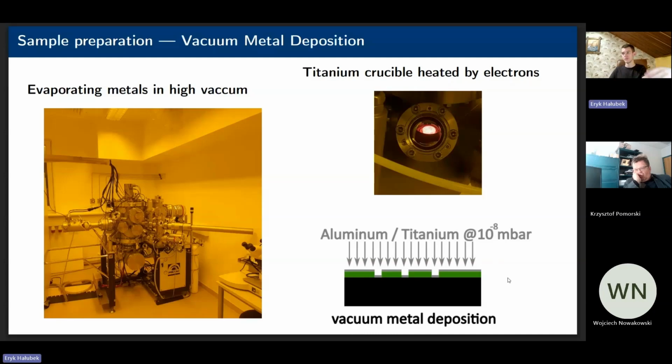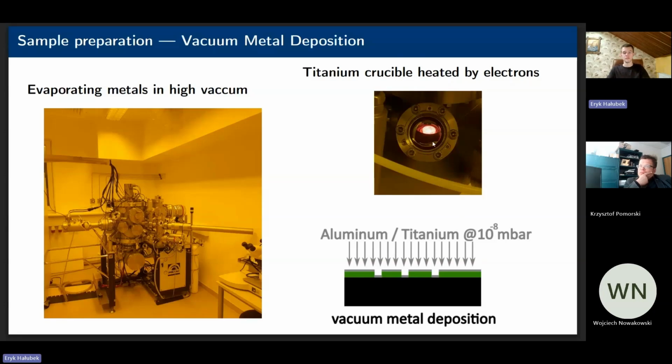For some time, you evaporate some part of the layer, let's say 5 nanometers. Then you close this shutter, so now you stop applying new atoms onto what you already have.